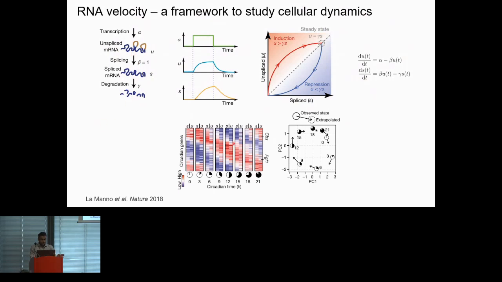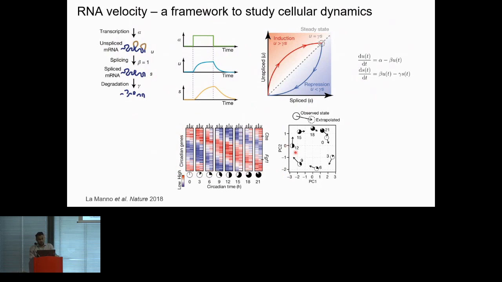Here's an example to demonstrate the use of RNA velocity. So here we have bulk RNA-seq samples of mouse liver cells at different time points during their circadian cycle. And we're looking at the unspliced and spliced levels of circadian genes. Okay.